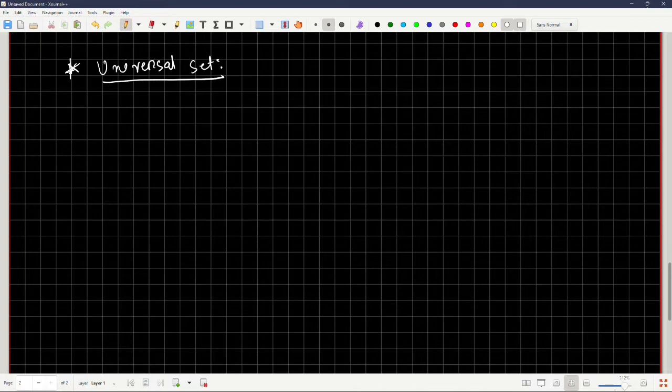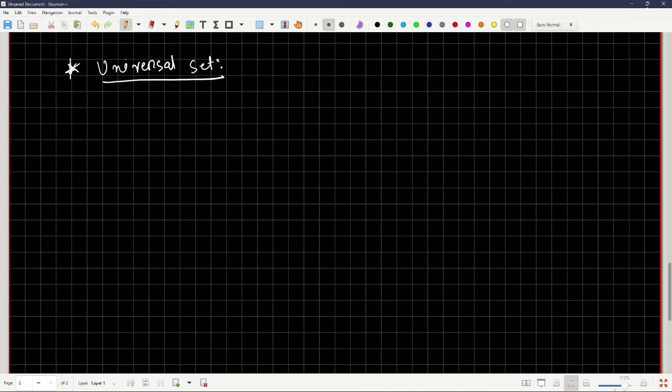Okay, so what is a universal set? Well, the sets that we will study most of the time, we can think of them as a subset, or more precisely a proper subset, of a bigger set, and that bigger set is called the universal set.